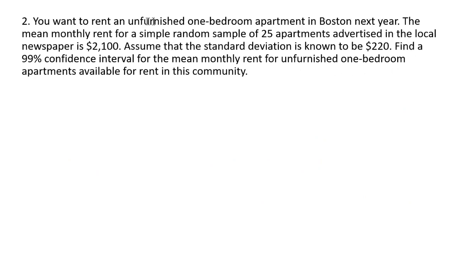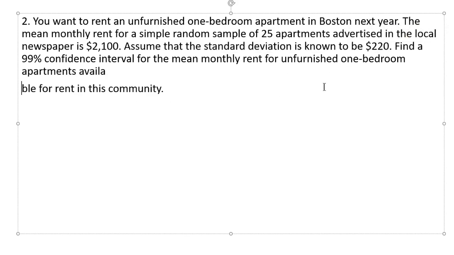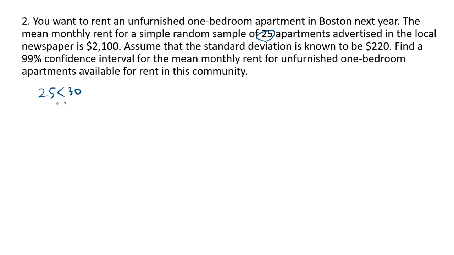You want to rent an unfurnished one-bedroom apartment in Boston next year. The mean monthly rent for a simple random sample of 25 apartments advertised in the local newspaper is $2,100, and the standard deviation is known. So actually, this is the important part. The standard deviation is known, and whenever you're trying to judge the population mean, and your sample size is only 25, so 25 is less than 30, right?